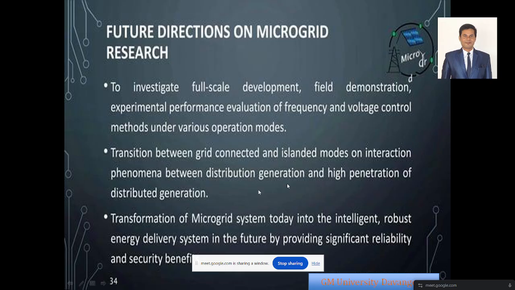Try to make the transformation of the microgrids to become more intelligent, right? Try to use some AI in the microgrids to make the system's delivery faster, and make it significantly more reliable and more secure.